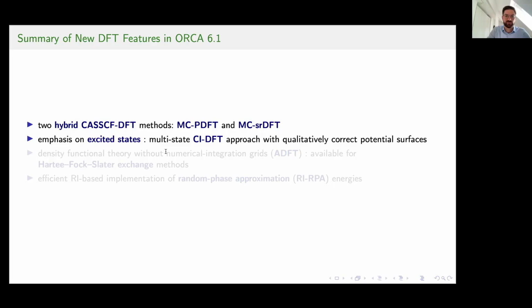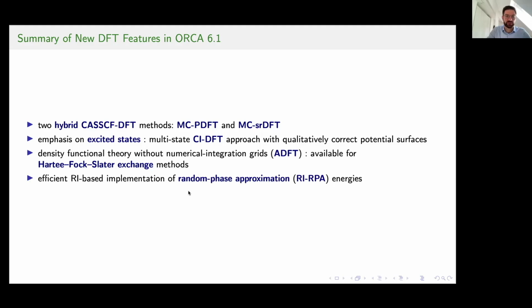There are two different approaches available. Currently, the better one is a multi-state CI-DFT approach, which also gives qualitatively correct potential surfaces. We've worked on density functional theory without numerical integration. This is currently available for the Hartree-Fock-Slater exchange method. And we now also have an RI-based implementation of the random phase approximation for energies.